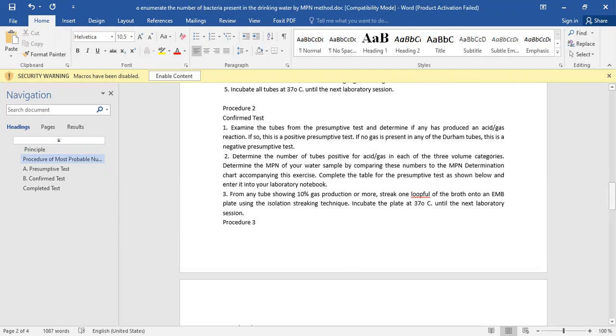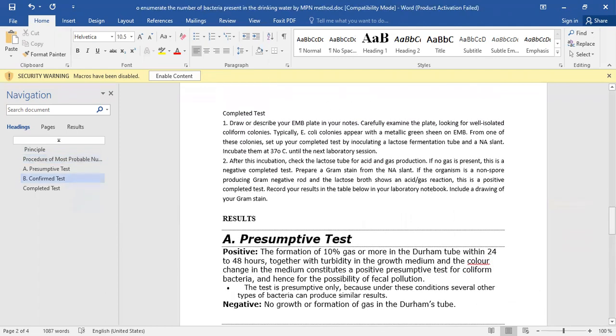Then we go to the next session, that is procedure 3, the completed test. Describe your EMB plate, and then carefully examine the plates looking for well isolated coliform colonies. Typically, E. coli colonies appear with a metallic green sheen on the EMB.